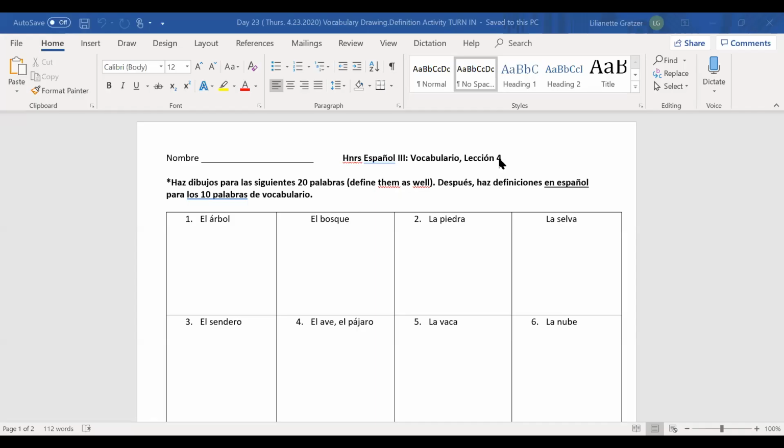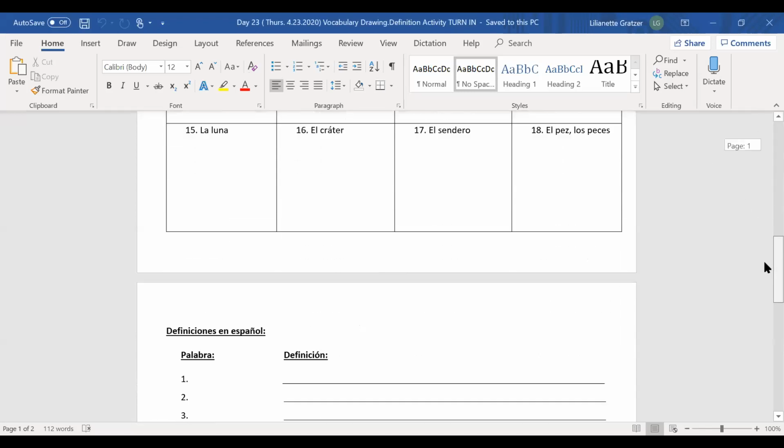Let me show you how the paper is going to look real quick. Okay, aquí tenemos el papel. Here we have the paper. And let's look at the directions, las direcciones aquí. Haz dibujos para las siguientes 20 palabras. Después, haz definiciones en español para las 10 palabras de vocabulario. So here you've got 20 palabras, 20 words, okay?